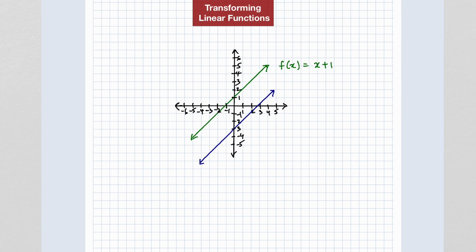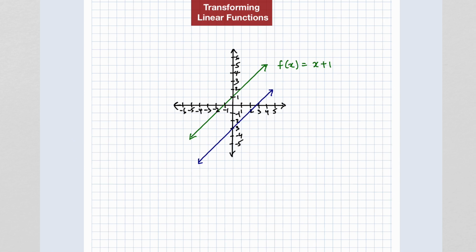And now we have another function in blue, and it is essentially the same as the function in green, f of x, but shifted down 1, 2, 3, 4. Okay, so that went down minus 4. And let's go ahead and label that. Okay, there it is.